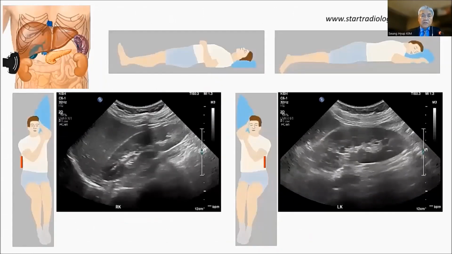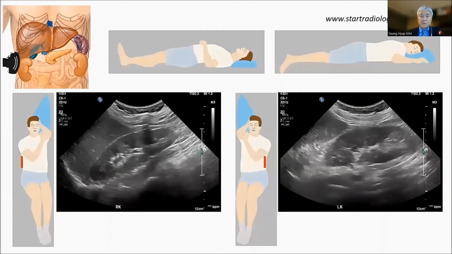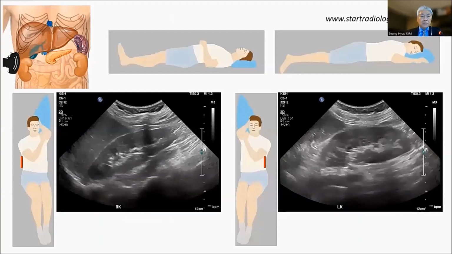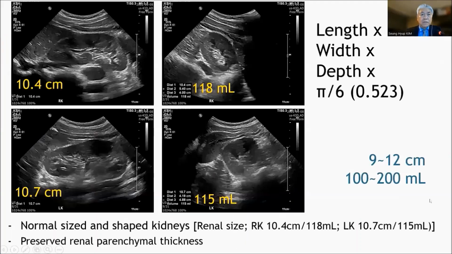Kidney ultrasound is done with the patients in both right and left lateral decubitus and supine postures, and prone posture is usually unnecessary. Kidney size is estimated easily by measuring the renal length, but I strongly recommend measuring kidney volume from the length, width, and thickness, multiplying those three diameters and 0.523.